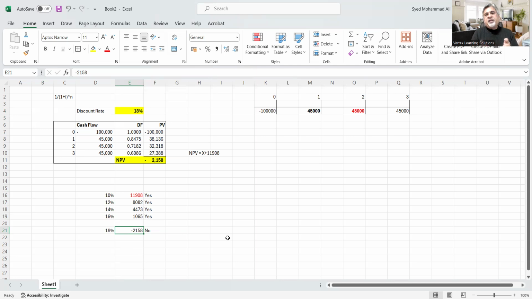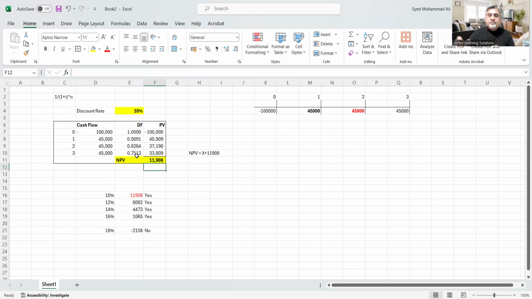This is one way of understanding net present value. Another way, which is also a very good way, is this: if you remember, 10% was your cost of capital, your WACC. The discount rate was actually your WACC. So you are borrowing funds at 10%, and this project is going to give you 11,000 more than 10%.